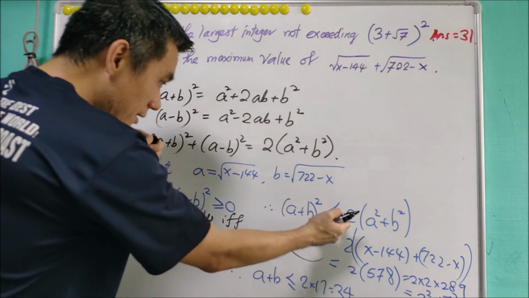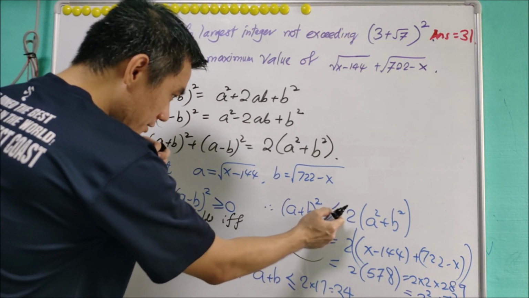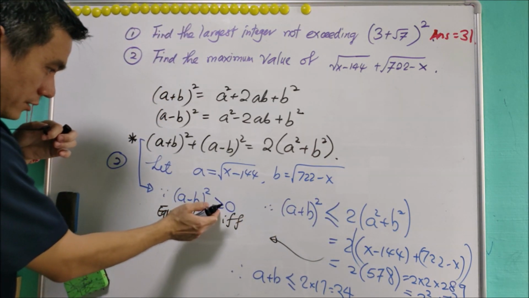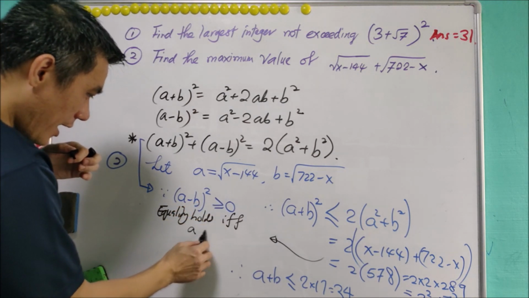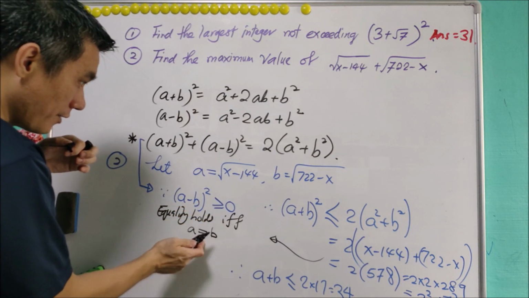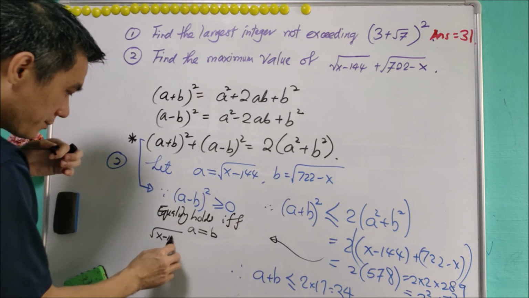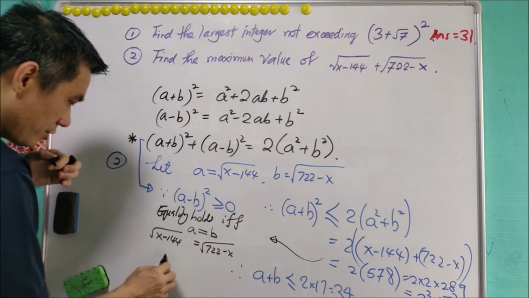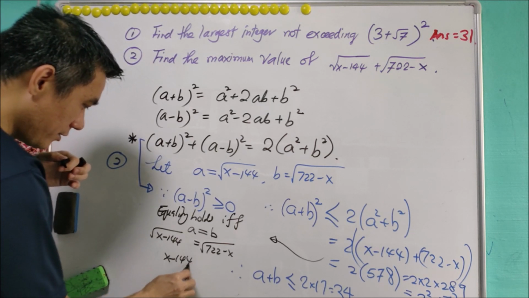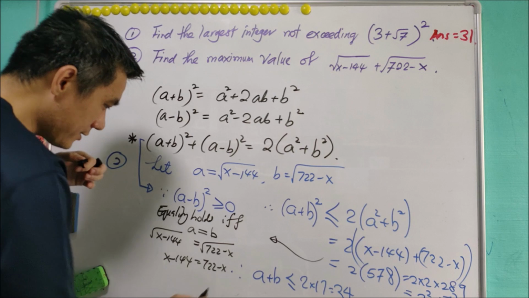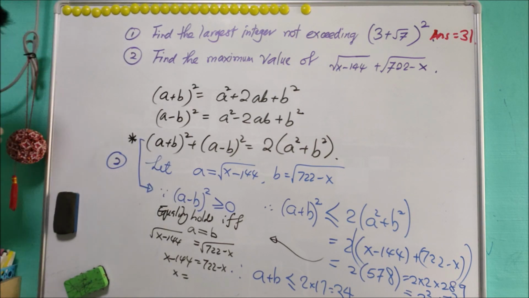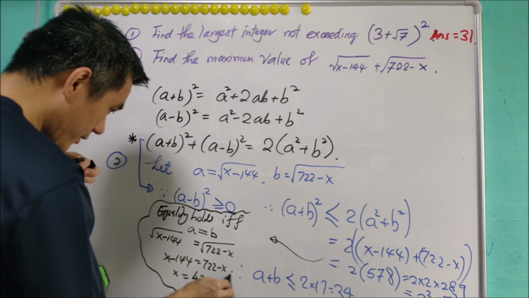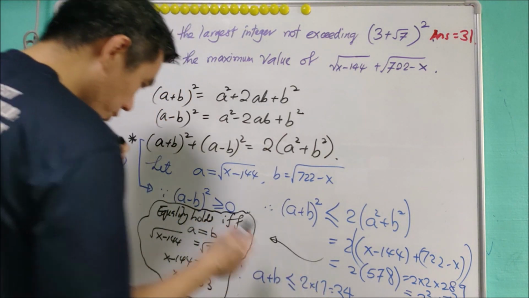Okay, now when can this be equal? If this is equal, then the square of A minus B has to be equal to 0. And it means that A has to be equal to B. If A equals B, then the square root of x minus 144 has to be equal to the square root of 722 minus x, which means that x minus 144 equals 722 minus x, and x therefore equals 433. We have to always check whether the equality holds.